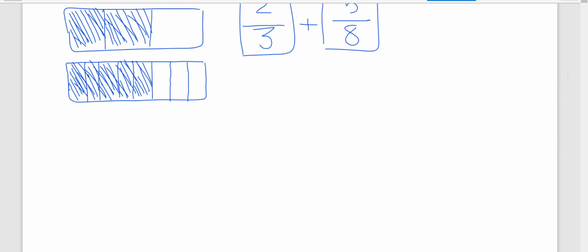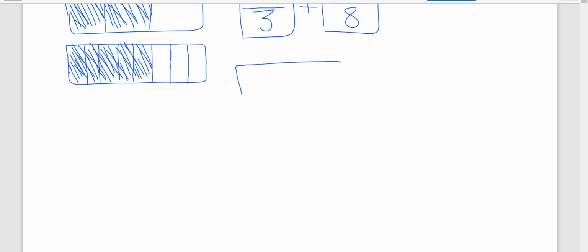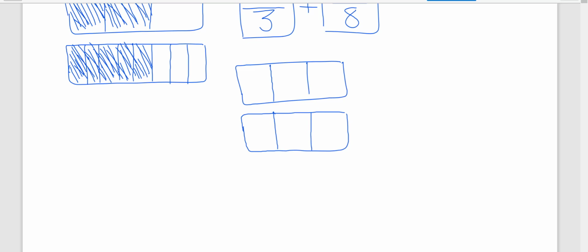For example, divide the two bars into three equal parts, and shade one part in the first bar and two parts in the second bar.